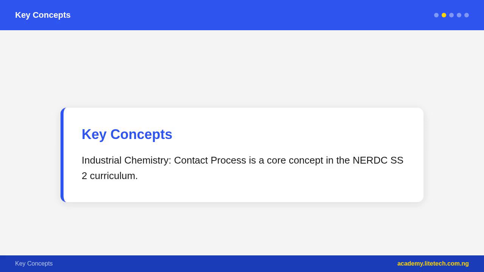Stage 2 is the critical stage and the one tested most frequently in WAEC. The reversible reaction, 2SO2(g) + O2(g) ⇌ 2SO3(g), delta H equals minus 196 kJ per mole. Analysis using Le Chatelier's principle: the forward reaction is exothermic, delta H negative, so increasing temperature shifts equilibrium to the left, less SO3, lower yield.